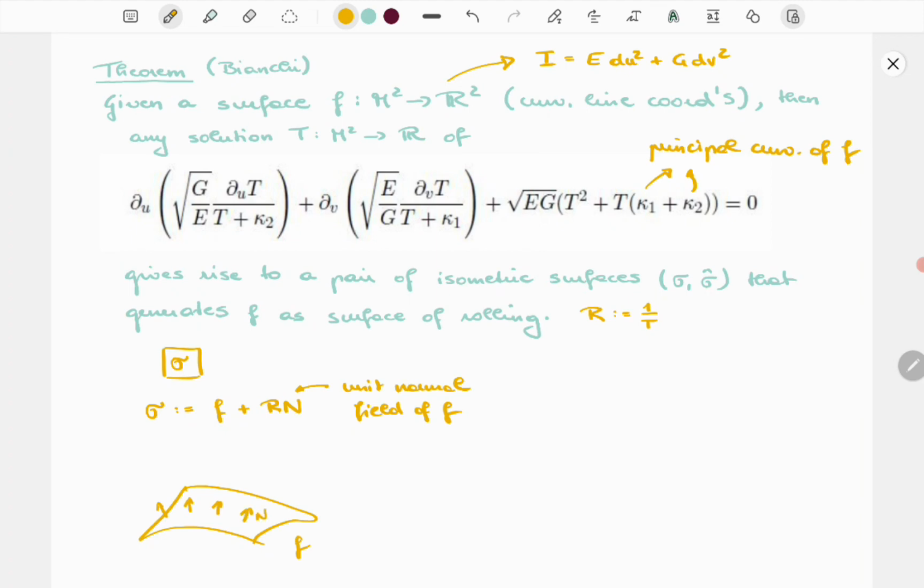And then the surface sigma is given at the distance r here. So this is my first surface sigma.